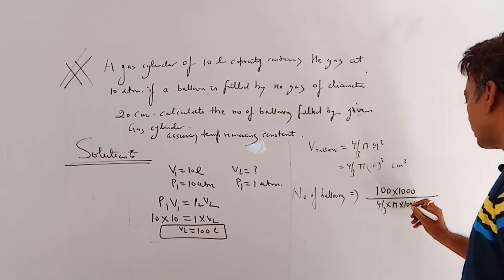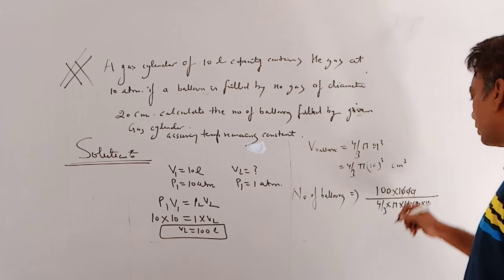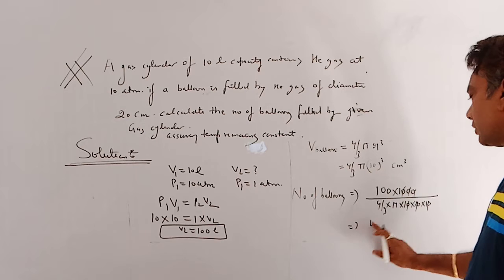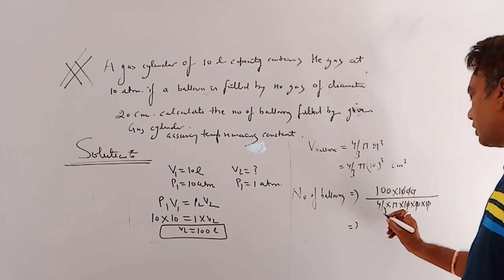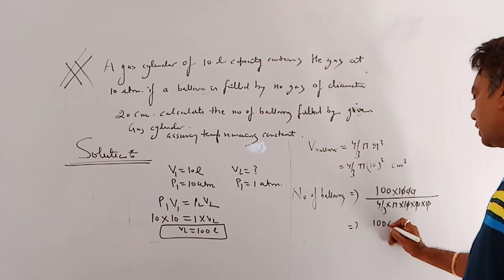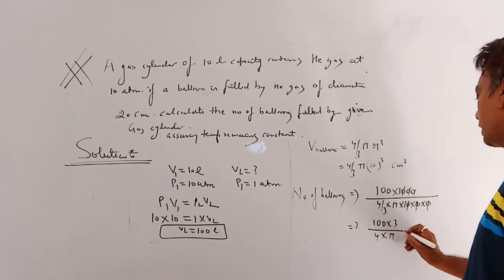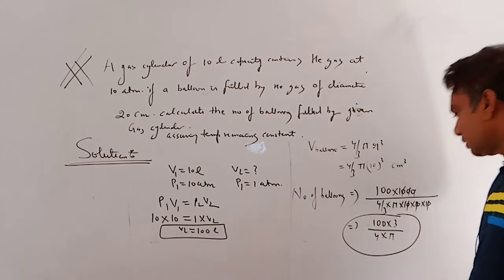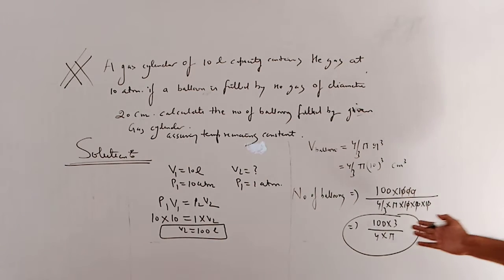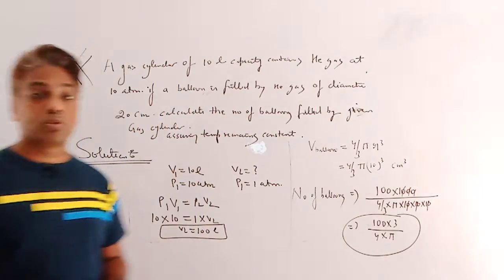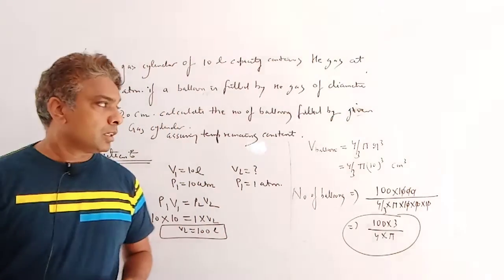Clear? So it will be 100 into 3 upon 4 into pi. This is the answer, which is approximately 75 divided by pi, number of balloons.